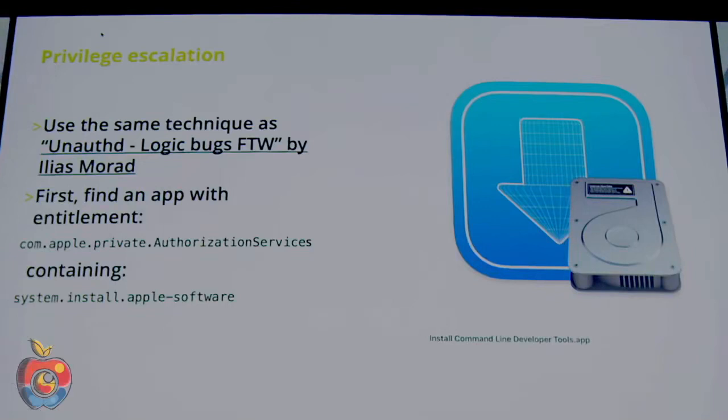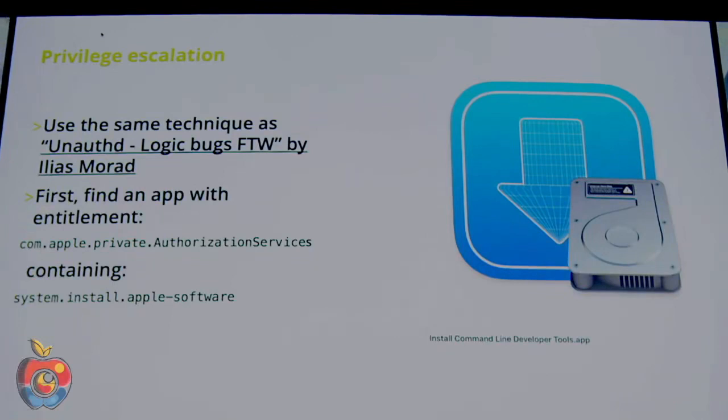For example, Install Command Line Developer Tools. What this basically means is that this application is allowed to install packages signed by Apple without authorization from the user. Normally if you install a package, the user needs to enter their password or something similar to that. But if you have this entitlement, you can just install any Apple-signed package without authorization.